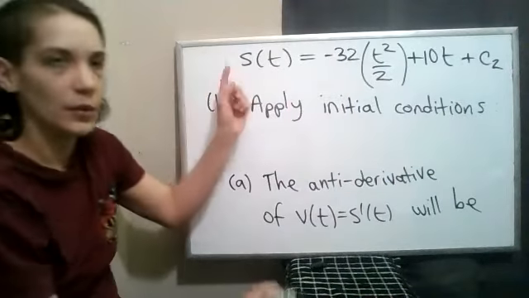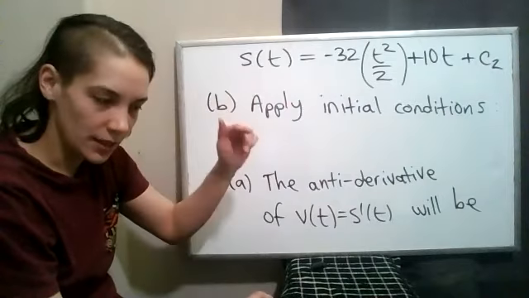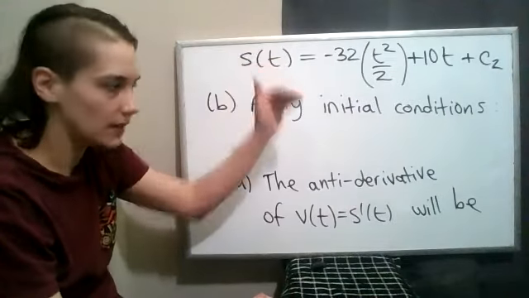Cool. So we want to use the part where it said s of 0 was at 350.